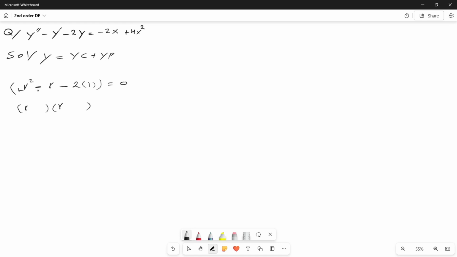A positive multiplied by a negative is a negative. A negative multiplied by a negative is a positive. We must find two numbers that multiply to give us 2 and add up together to give us negative 1. So we have 2 and 1.